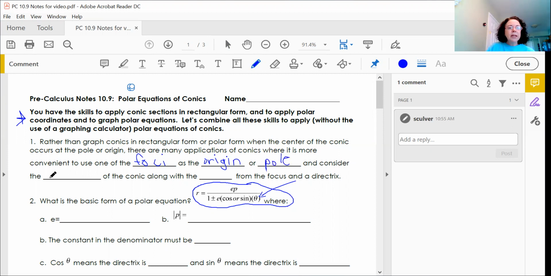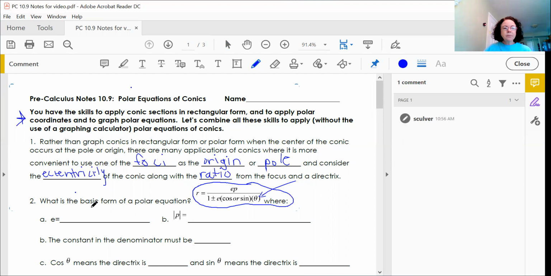And we consider the eccentricity of the conic along with the ratio, that's a fraction, from the focus and the directrix.